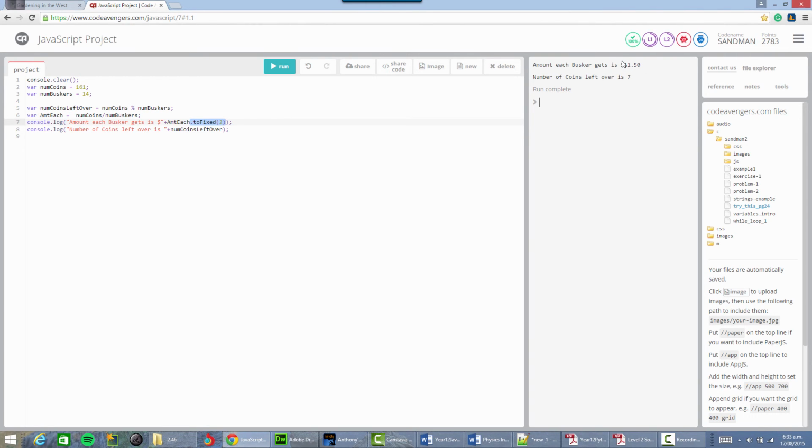Well, we're dividing up whole dollar coins, so how can they be getting 50 cents each? So this here should have been just 11. In other words, we don't want this fractional bit. So how do we change this? Yep, you might be thinking of it: we've got to use Math.floor.